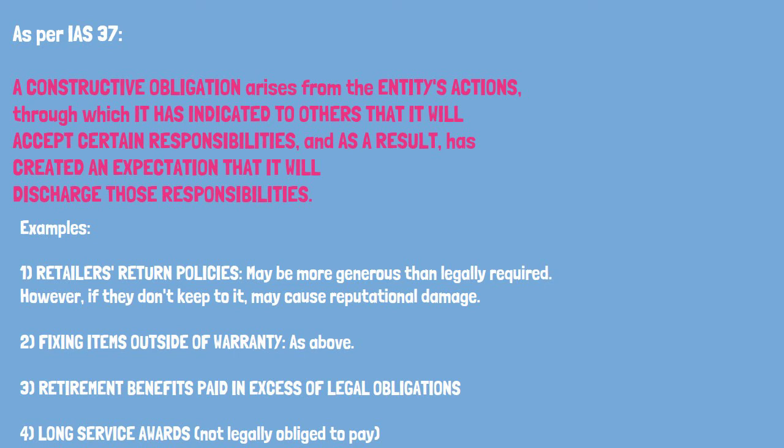And therefore, they should recognize a liability for it, because an individual may be expecting it, and also the company has historically done it. Similarly, retirement benefits, which may be paid greater than any legal obligation. You could have dismissal costs, loss of office costs, a lot of different areas which may be covered off by this. But they're all forms of constructive obligation.